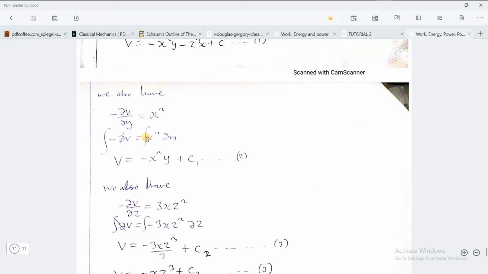Here we have x squared, but we're integrating with partial y, meaning this x squared will remain like a constant, and this part will get a y, like this. So this will give an answer here, plus another constant c1.